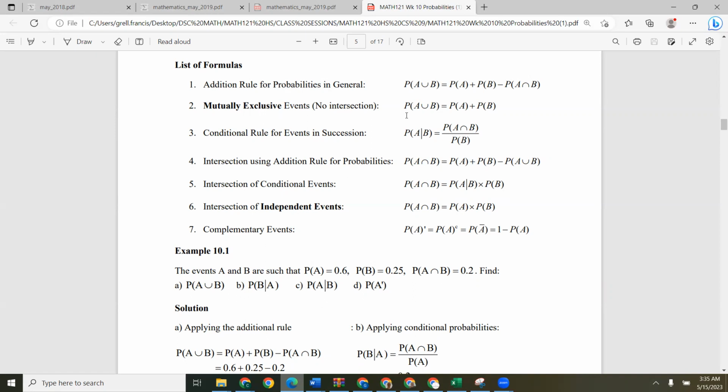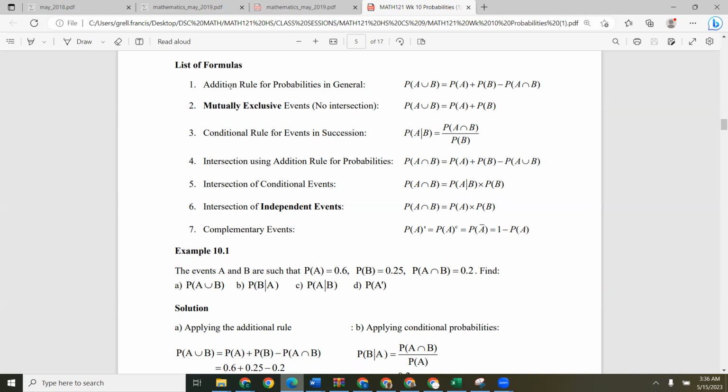We only use formula number 2 if the question states that the events are mutually exclusive. Similarly to independent events, the question has to state that. No, the question did not say that A and B are mutually exclusive. Mutually exclusive means no intersection, and furthermore, there is an intersection which we just calculated.